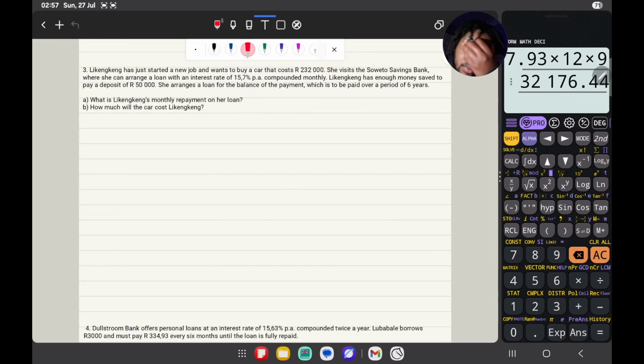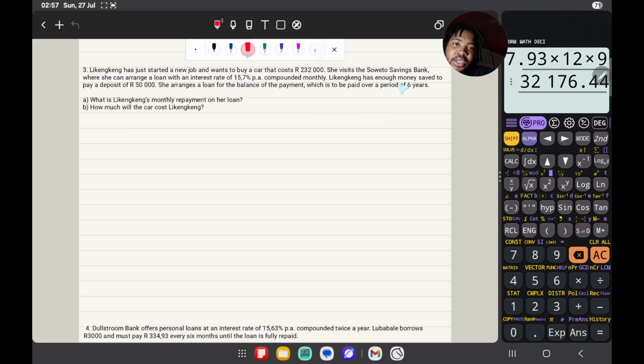Cool. So the next question, what do we have? Okay, the gang has just arrived. So she has started a new job and wants to buy a car that costs that much. She visits the Soweto Savings Bank, where she can arrange a loan with that interest component monthly.